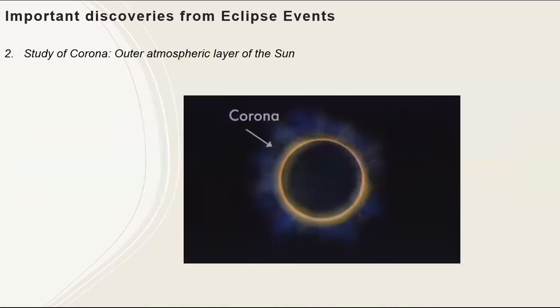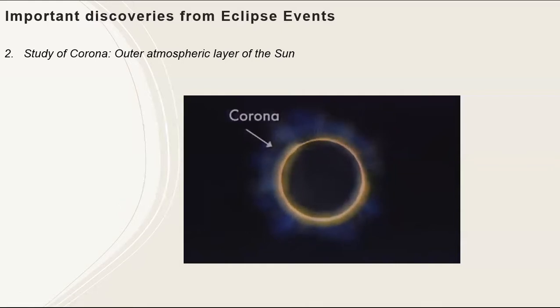Second one, study of the corona, the outer atmospheric layer of the Sun. When the Moon eclipses the Sun, the solar corona becomes visible. The corona is faint compared to the Sun, so it can only be seen when the Sun is blocked from view.